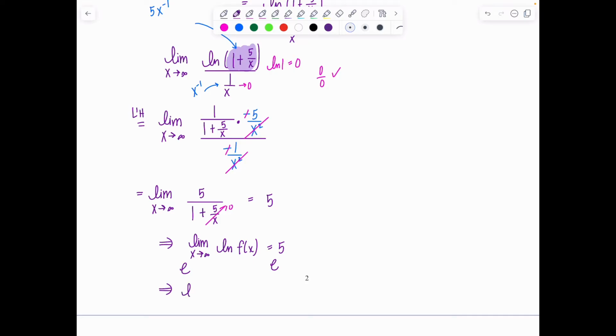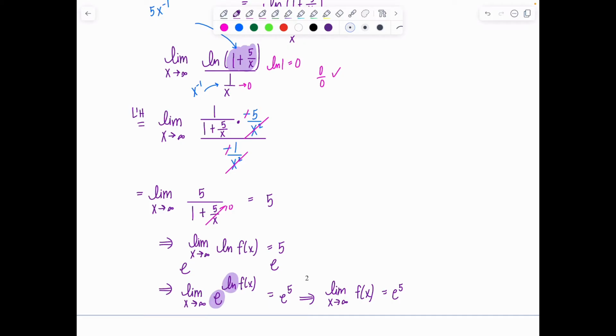So this means the limit, you can interchange and pass the limit through e. Limit as x goes to infinity of e to the natural log of f of x equals e to the 5th. So then basically we know by our properties, those will cancel out. And then we have the limit as x goes to infinity of f of x equals e to the 5th.